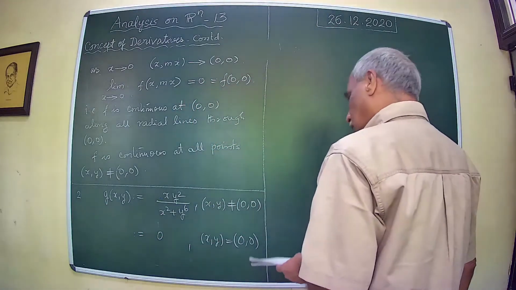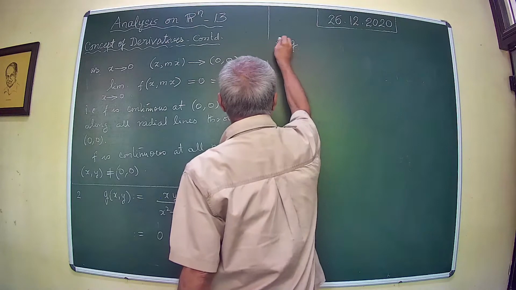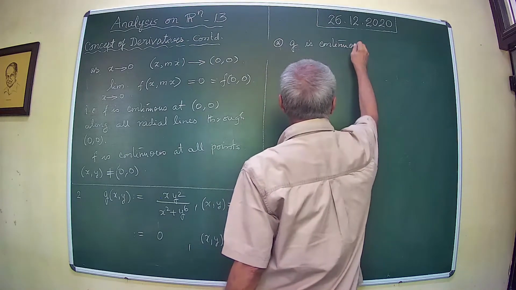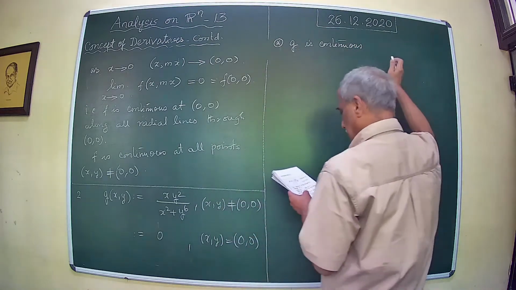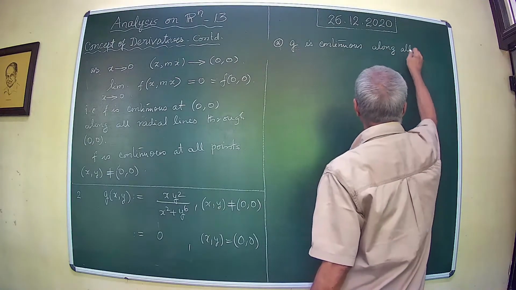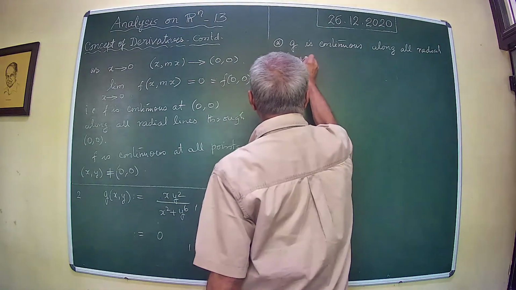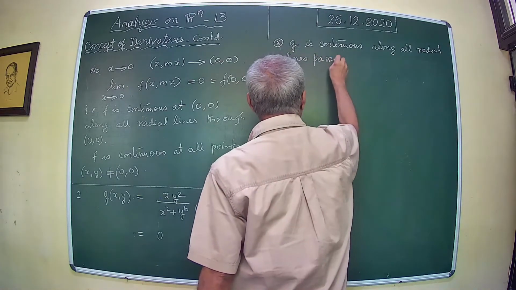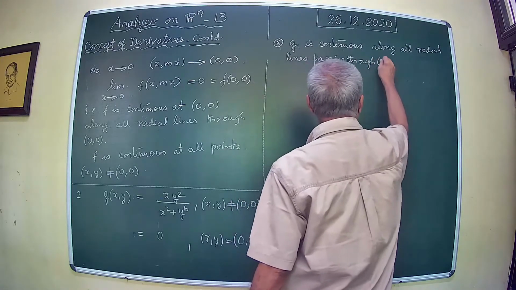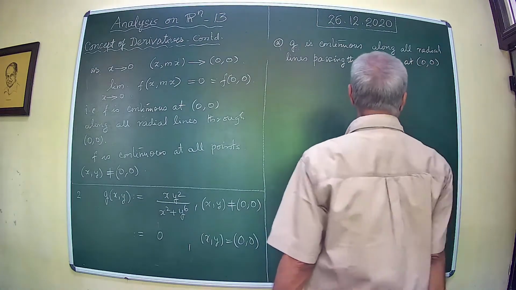Now one also observes that g is continuous along all radial lines passing through 0, 0 at 0, 0.